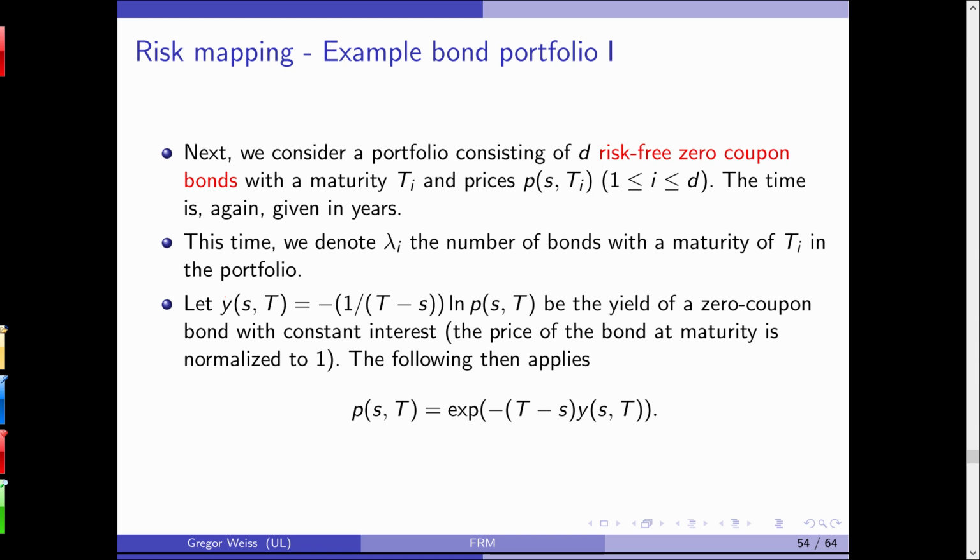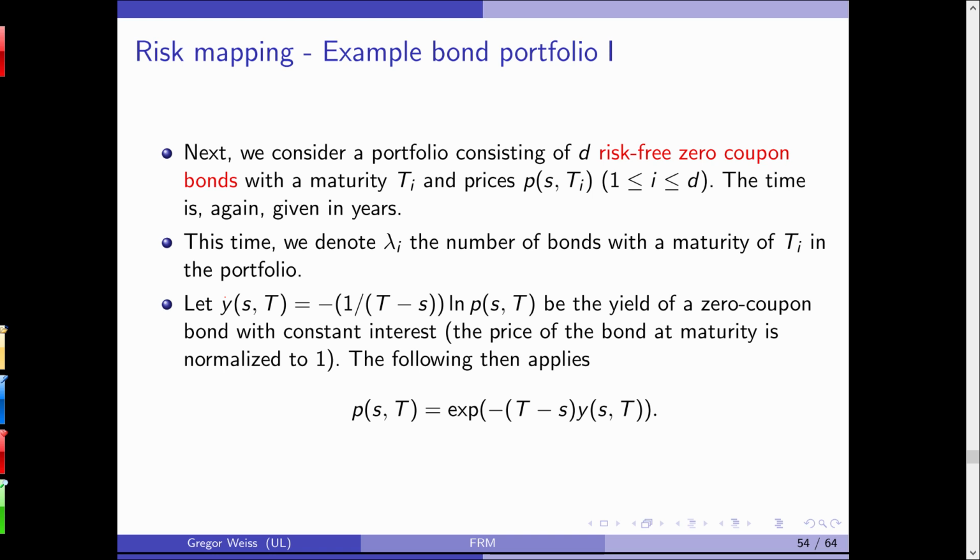Y(S, T) is the yield to maturity of the zero coupon bond. So that is 1 over T minus S times the logarithmic price, with a negative sign. This is the yield of this zero bond.